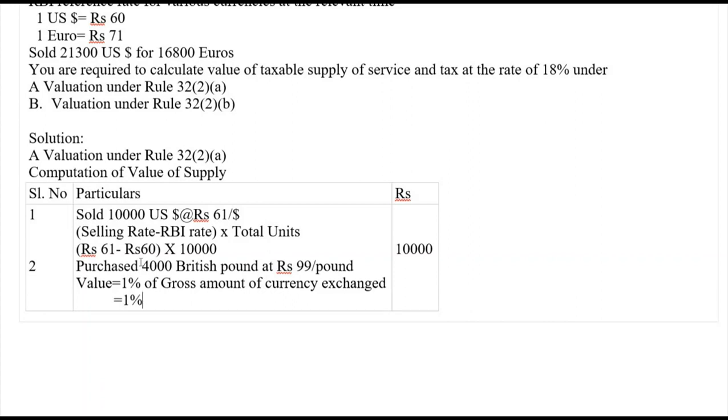So 1% of 4,000 into rupees 99, so it comes to 3,96,000. 1% of the same will be rupees 3,960.